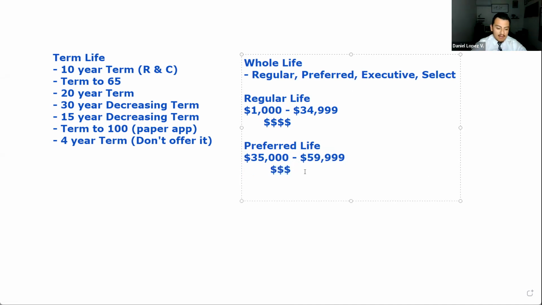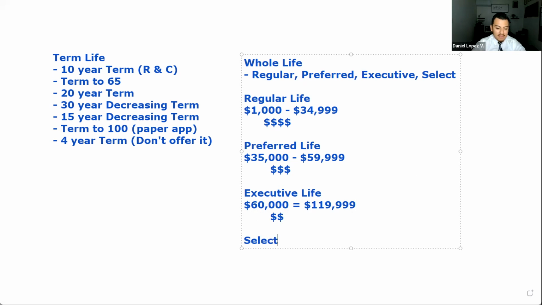Okay, and then you have the executive plan, executive life, which starts at $60,000 to $119,999, and it becomes more affordable.